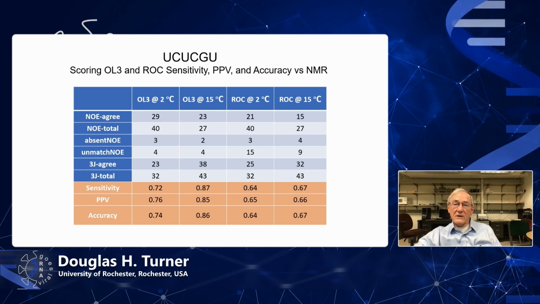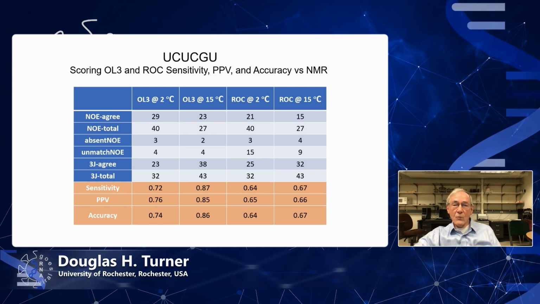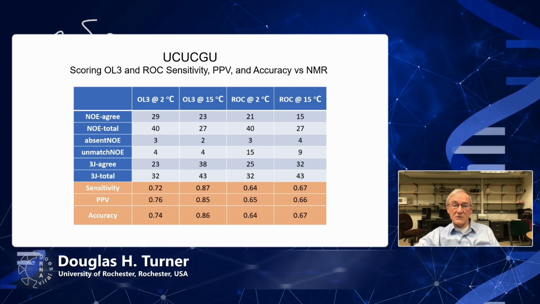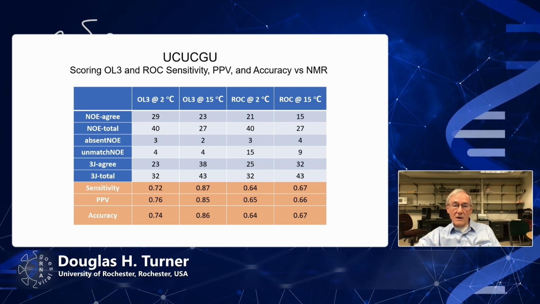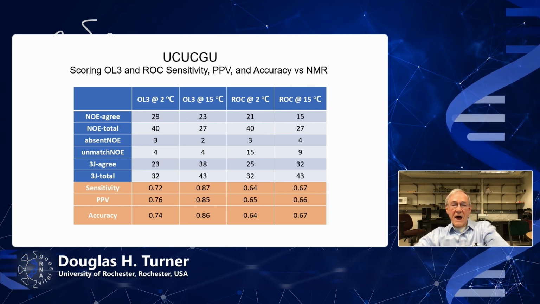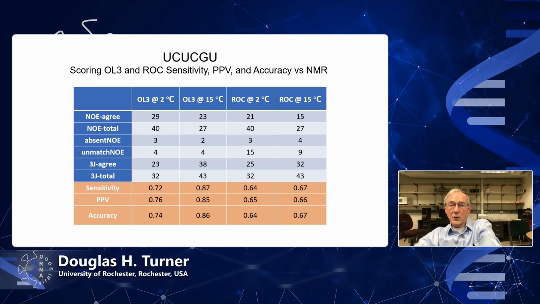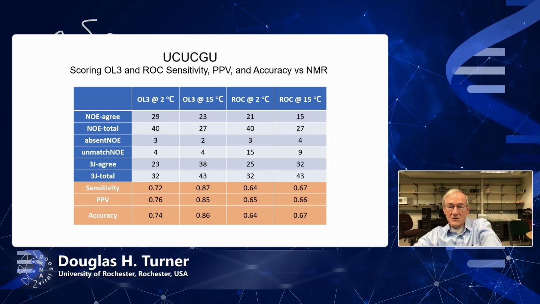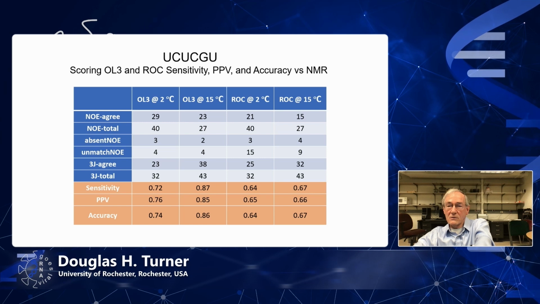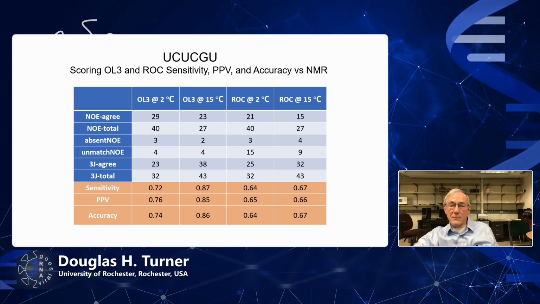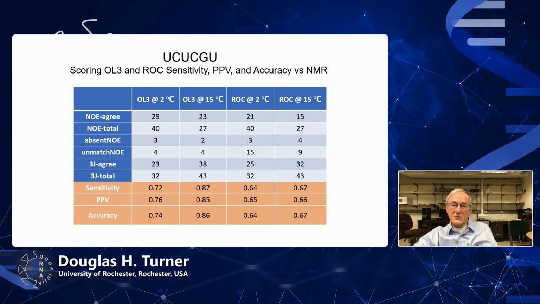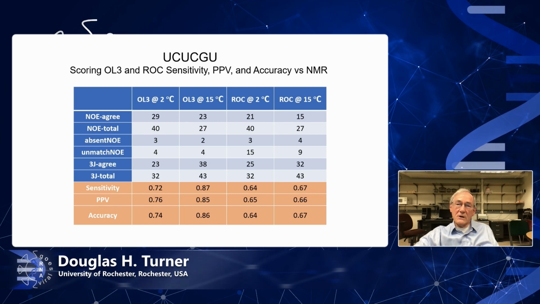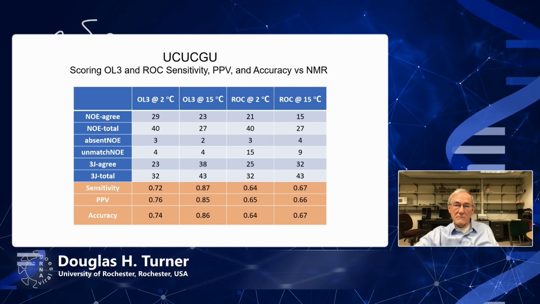So for accuracy, even though it has some GC pairs, even at 15 degrees, about 15% GC pairs in the simulations, the accuracy turns out to be 86% basically, using all the NMR characteristics I talked about a couple of slides ago. And ROC, it's about 67%. So you say, okay, in that case it looks like OL3 does better, even though one of the things it predicts is just not true.